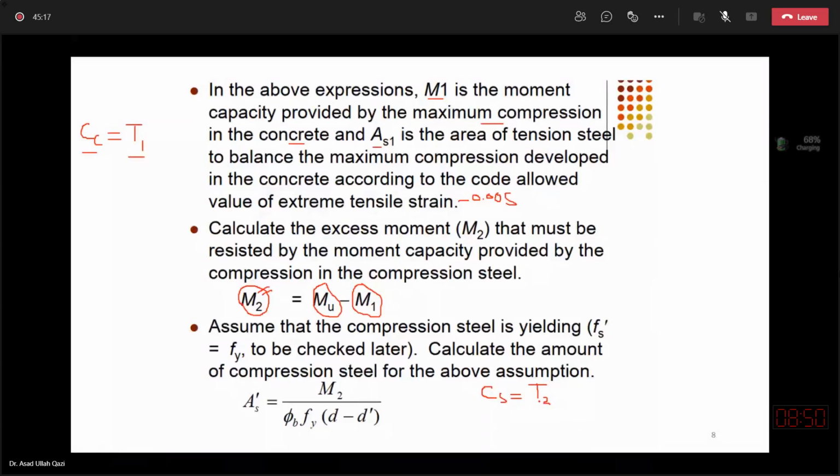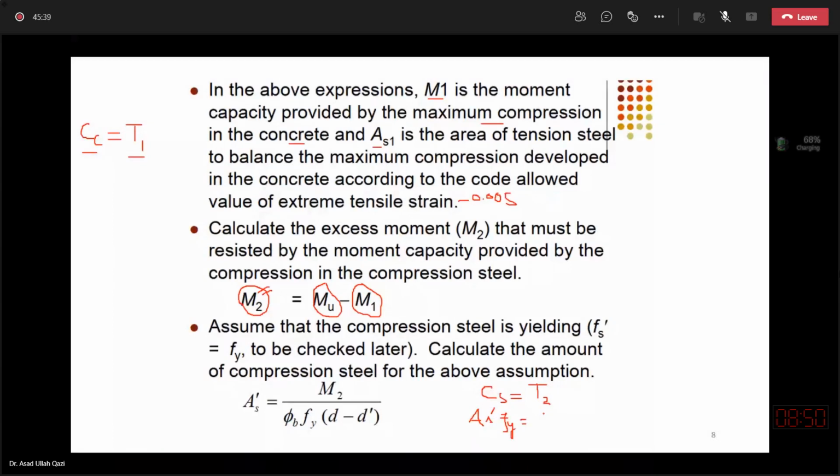So I will write an equation between a compression steel As prime Fy and one component of tension steel which will make equilibrium with that.